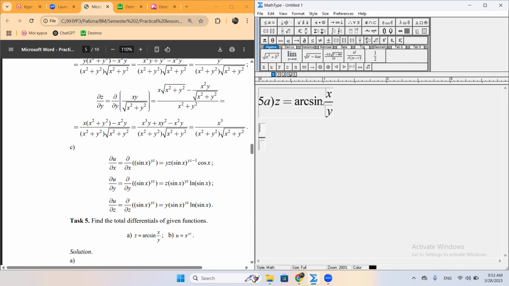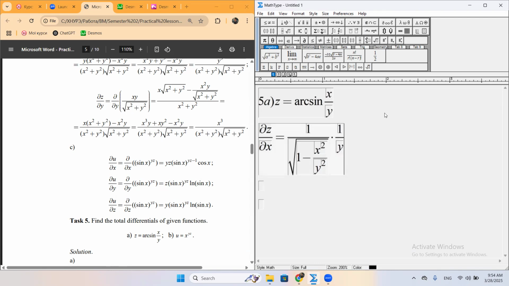So first of all, finding partial derivatives. The derivative of arcsine is the following: 1 over the square root of 1 minus x squared over y squared, multiplied by 1 over y.